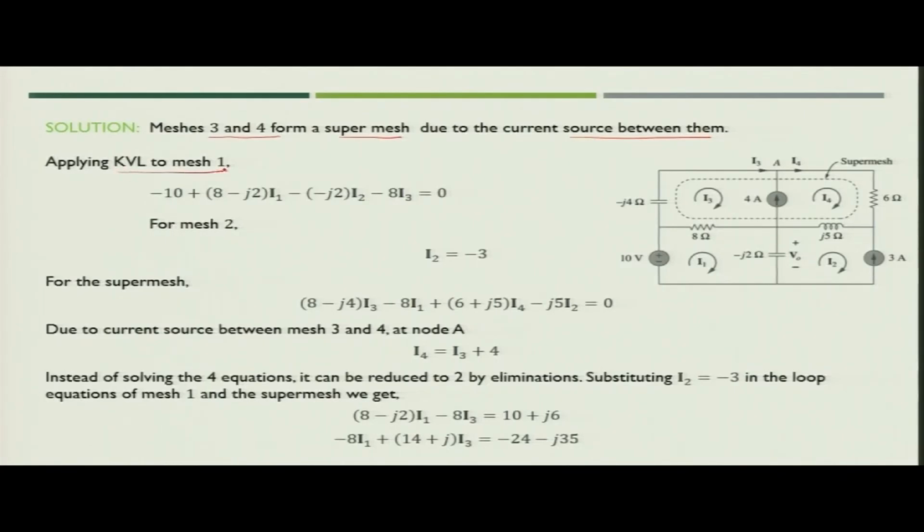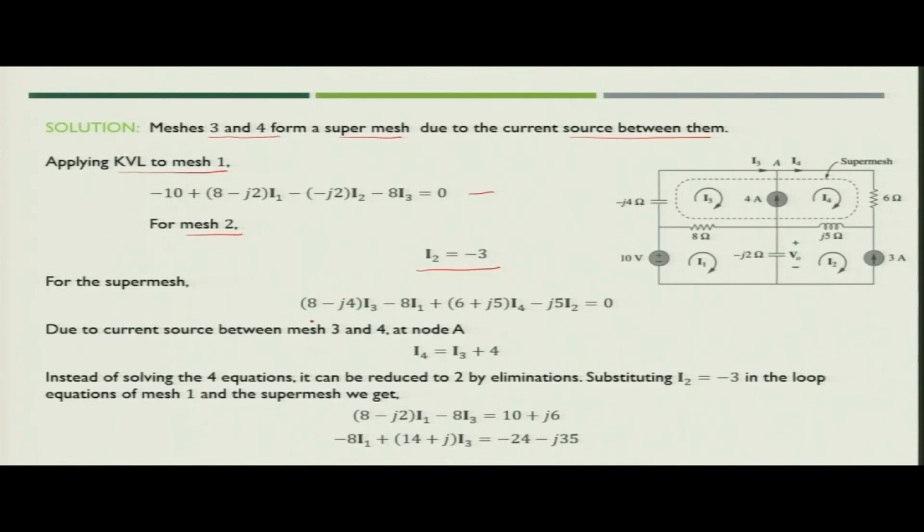So, we will apply KVL first to mesh 1. When you apply KVL to mesh 1, it will become minus 10 plus (8 minus j2) into I1 minus j2 into I2 minus 8 I3 equal to 0. So, this you get from mesh 1. Similarly, from mesh 2, the value of I2 is equal to minus 3.